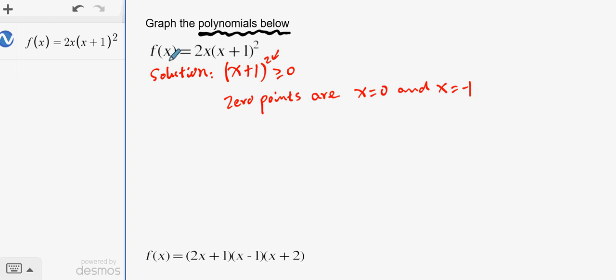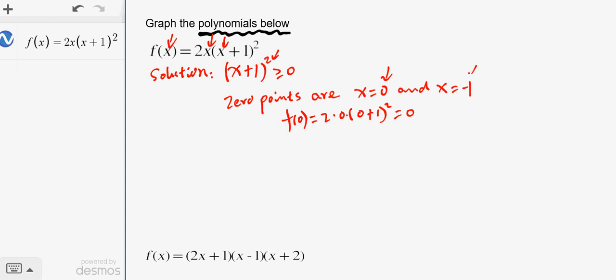You see here, you plug in 0 here. f of 0 is 2 times 0 times (0 plus 1) squared. Okay, you replace x by 0. So 2 times 0 is 0. 0 times this quantity is 0. So 0 is one of the 0 points.